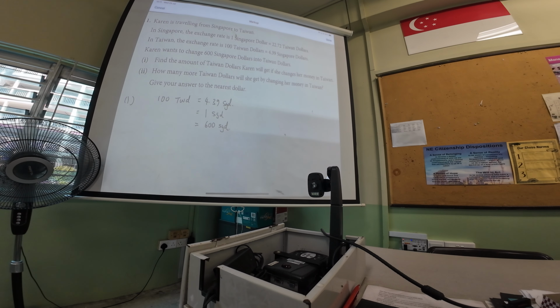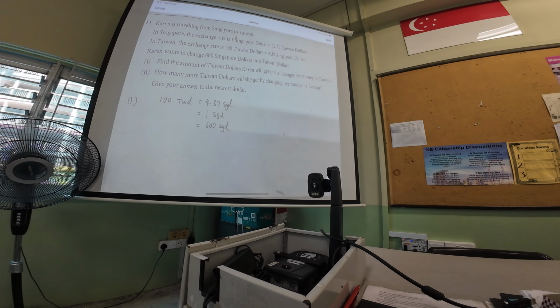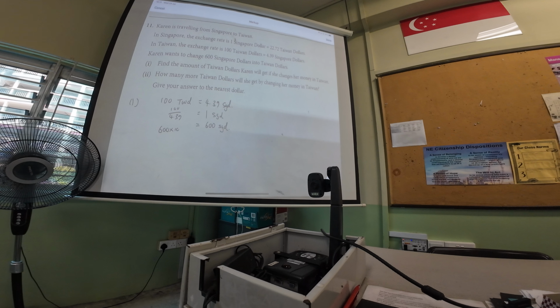I just know if I change to 1 SGD, then I change to 600, then it's easy for myself. So from 4.39 to 1, left hand side also divide by 4.39. Then from 1 to 600, I multiply 600. So left hand side, I also multiply the whole thing by 600.